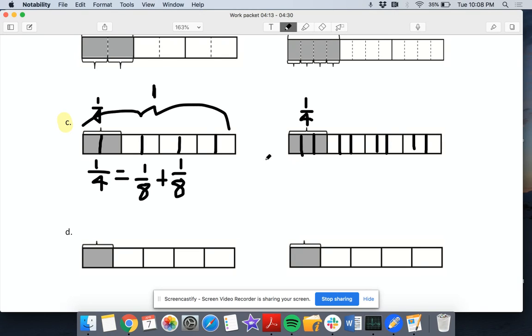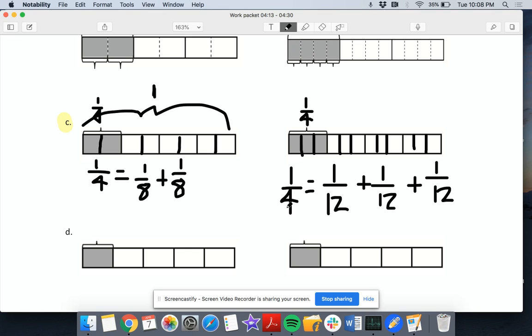I have 12 equal boxes to make this unit fraction. And let's just focus on the shaded region again. So now we can also say 1/4 is equal to 1/12 plus 1/12 plus 1/12.